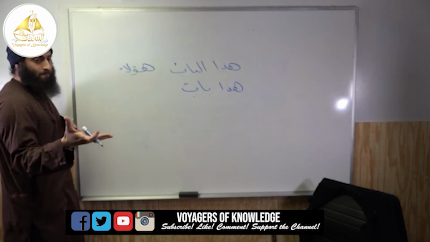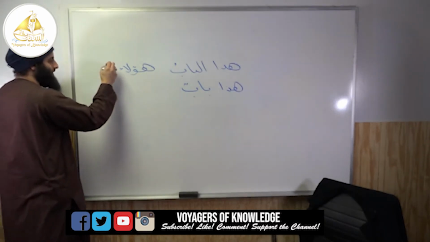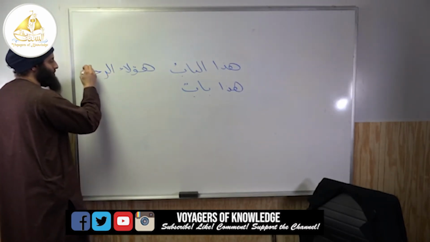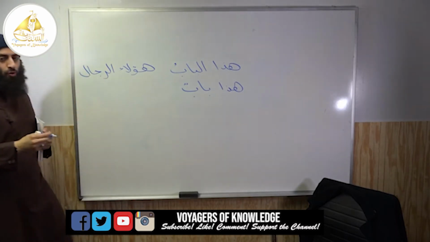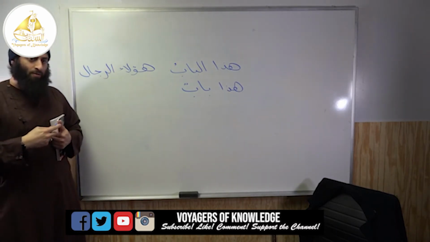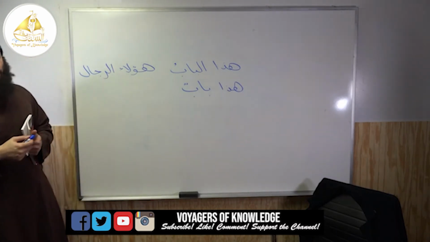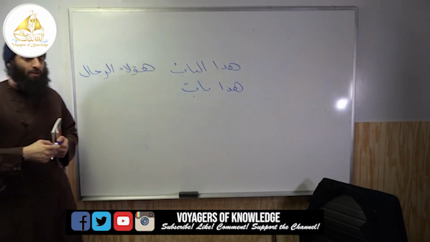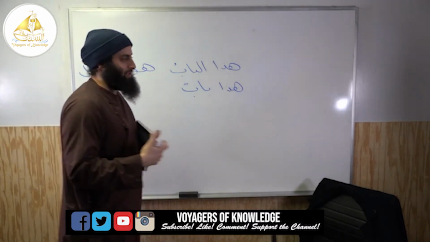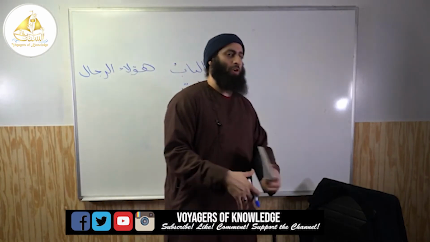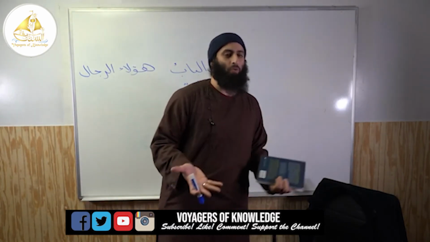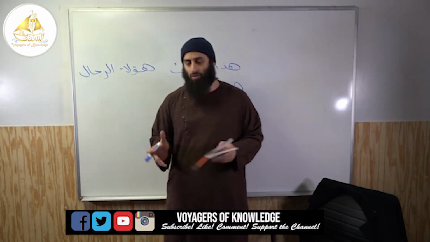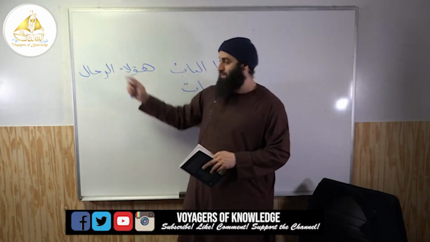You can, but since you're talking about these men, الرجال. Who are these men? من هؤلاء الرجال. If you're saying these are some men, but you're not specifying what kind, then it's going to be without alif and lam.